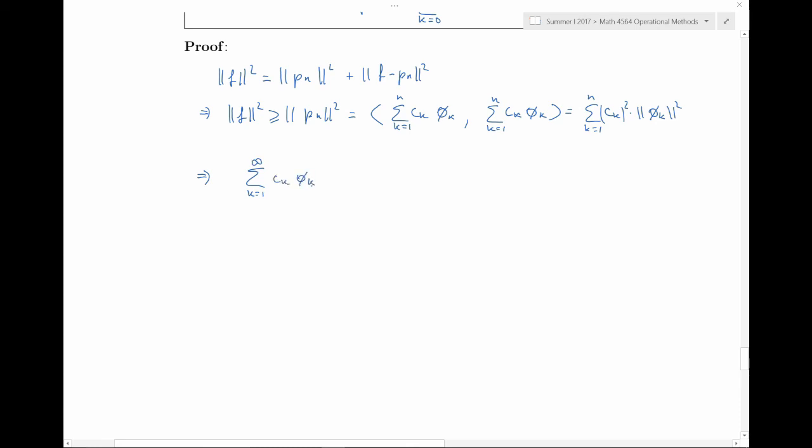So if we start adding up infinitely many terms, we will never be able to add more than the norm of f allows us to, and thus this sum must be convergent. And also we can see that the equality is only achieved if the norm of f minus Pn is 0.